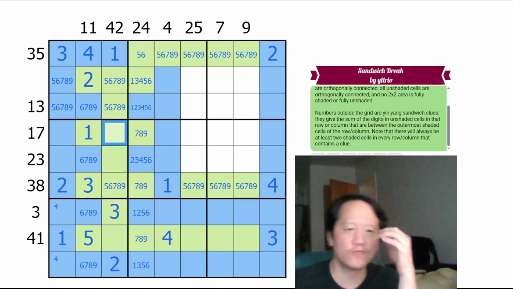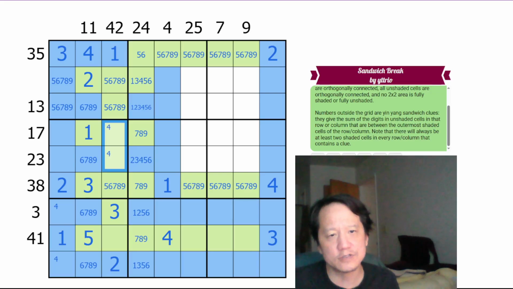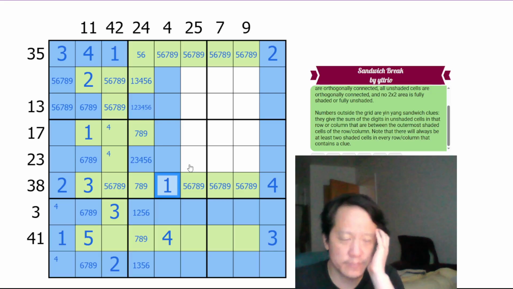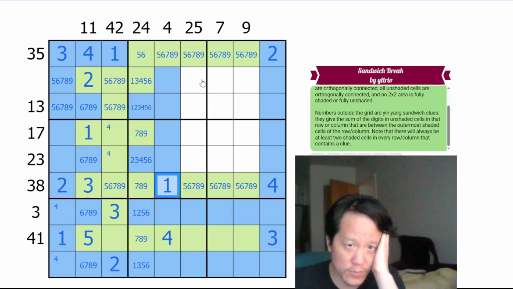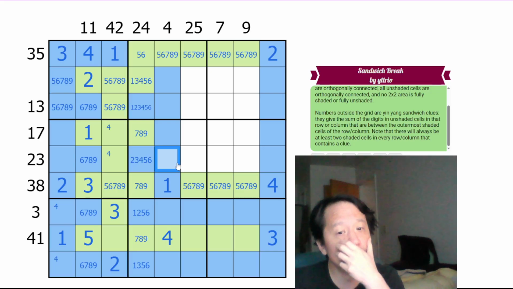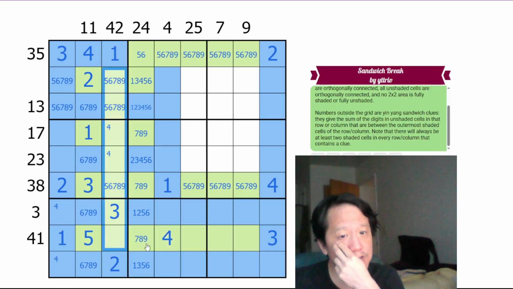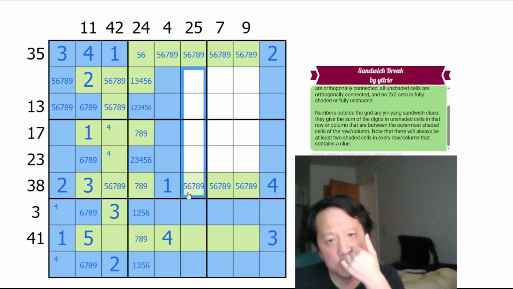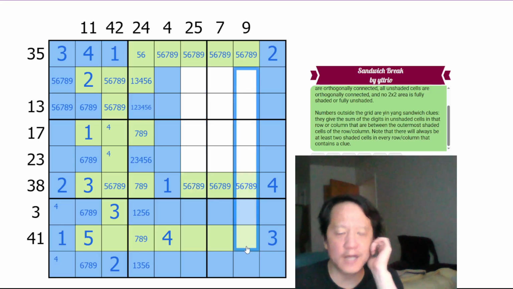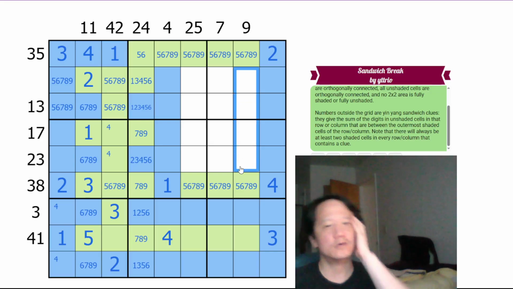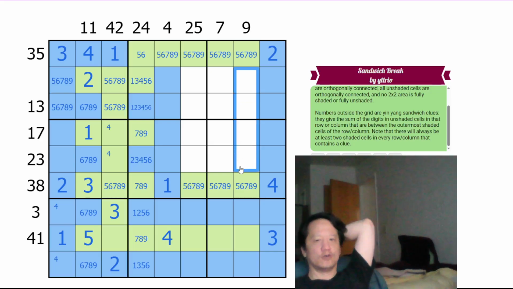Where is 4? 4 has to be one of these two digits here. Hmm. So this is 4, that's 25. This is 9 at most, but this could be all... You can't have all blue here.